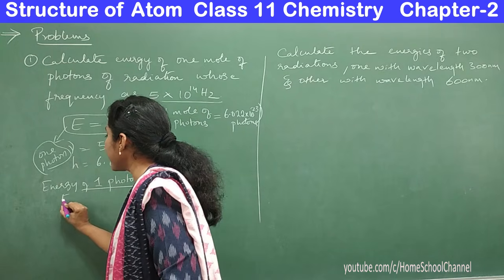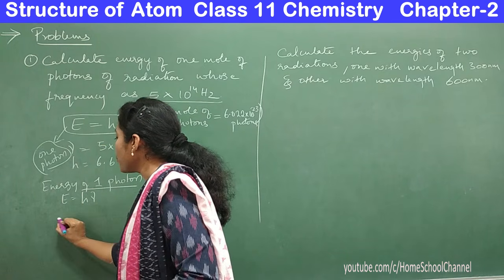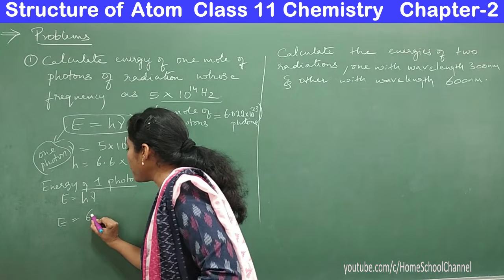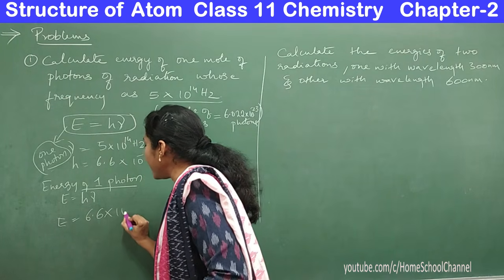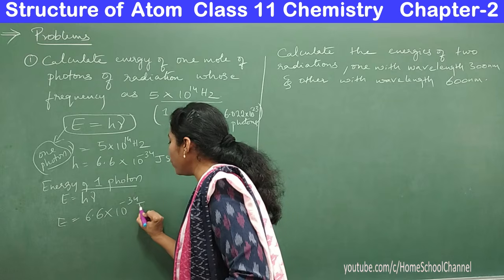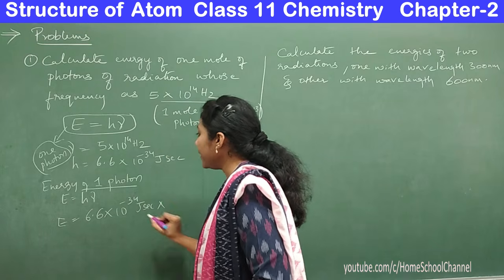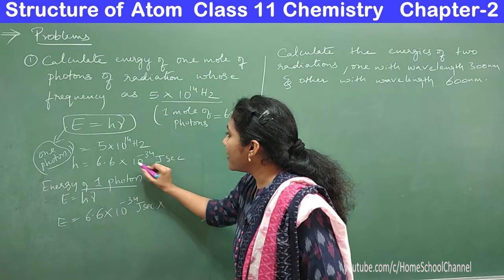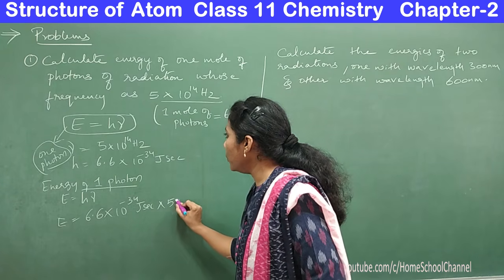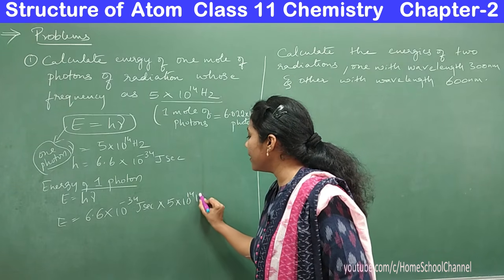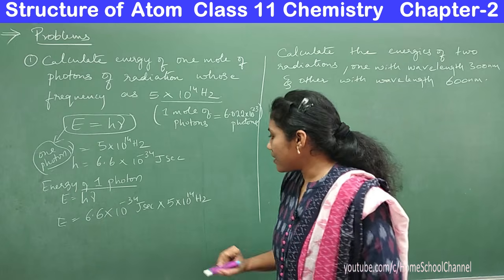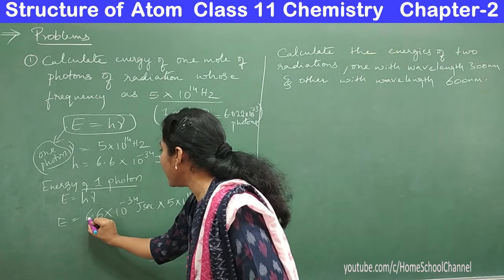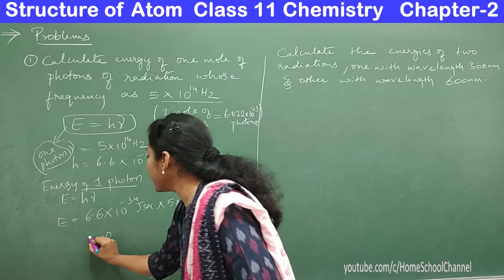So E is equal to h nu. E is equal to 6.6 into 10 power minus 34 joule second into nu, which is 5 into 10 power 14 hertz, right? So 5 sixes are 30, plus 3 is 33.